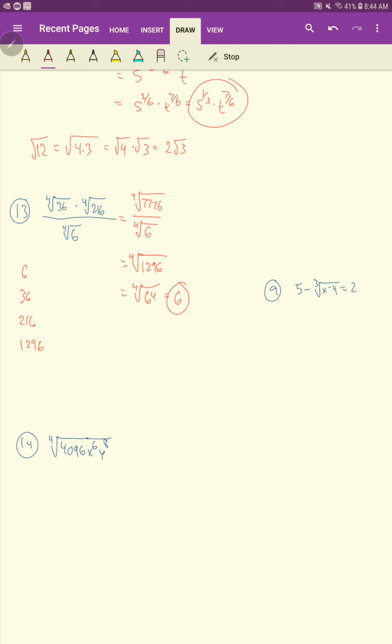There's other ways we could do this too. For example, we could simplify these individually and then multiply the results and divide the results together as an example. Okay, you really can't simplify the fourth root of 6 at all. There's no like things you can pull out of it. We could rewrite this 36 as 6 squared.